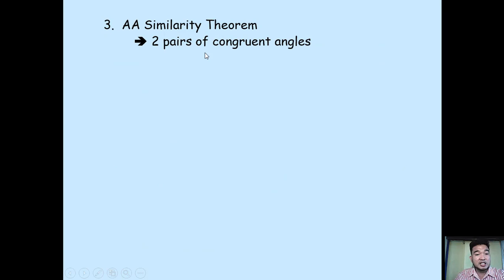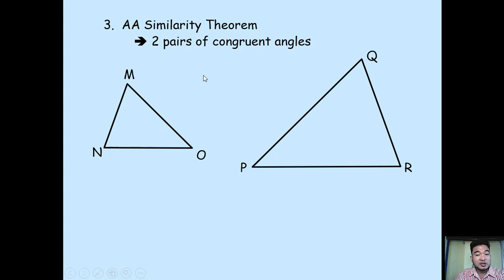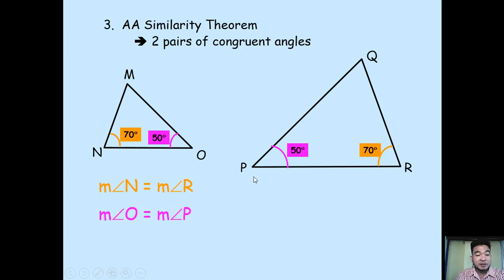And then the last one is the AA similarity theorem, where we should have two pairs of congruent angles. Given these two triangles, if angle N is 70 and angle N corresponds to R, which is also 70 degrees, then angle N is equal to angle R. If angle O is 50 degrees, which corresponds to angle P, which is also 50 degrees, then the measure of angle O is equal to the measure of angle P. If we already have two pairs of congruent angles in the two triangles, then we may say that these two triangles are similar.